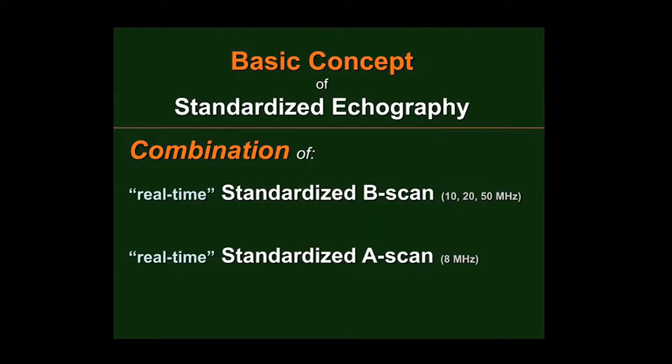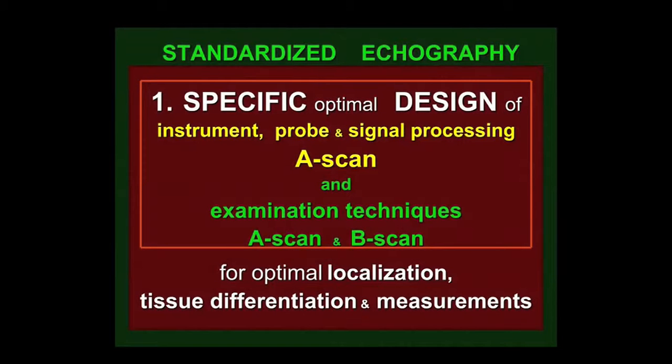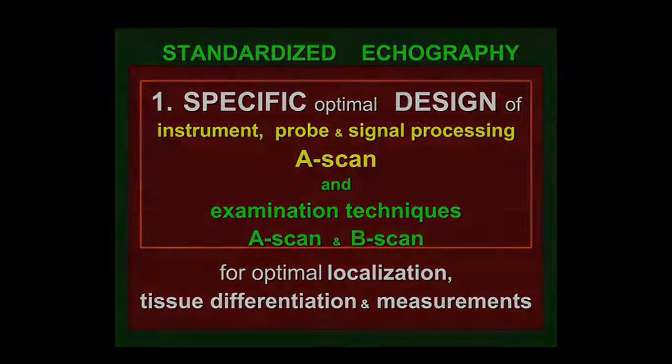A-scan, as you know, shows amplitudes, but the height of these amplitudes means nothing unless all the parameters of the instrument and the technique that influence these amplitudes and their movement are standardized, especially designed. The A-scan instrument and probes are optimally designed for this purpose. These allow tissue differentiation and measurements that are most precise and reliable.